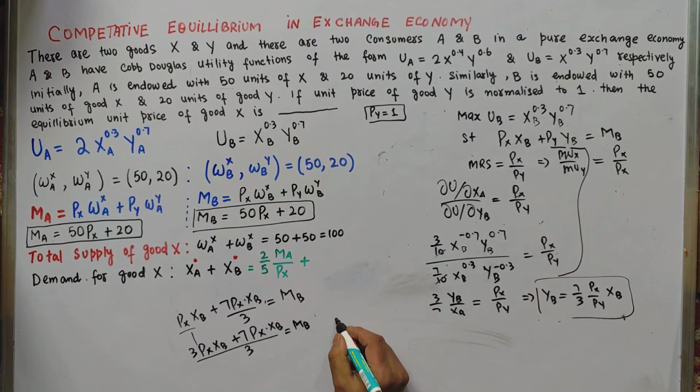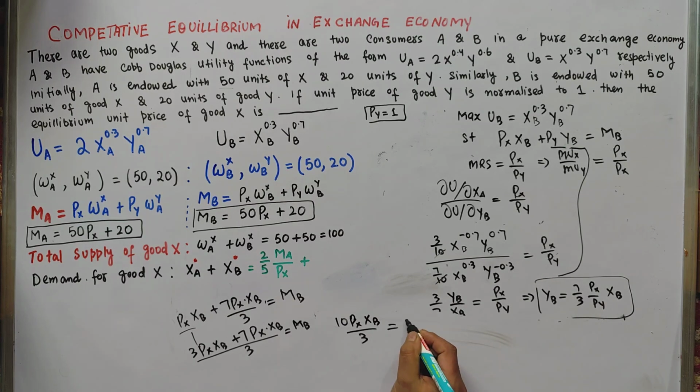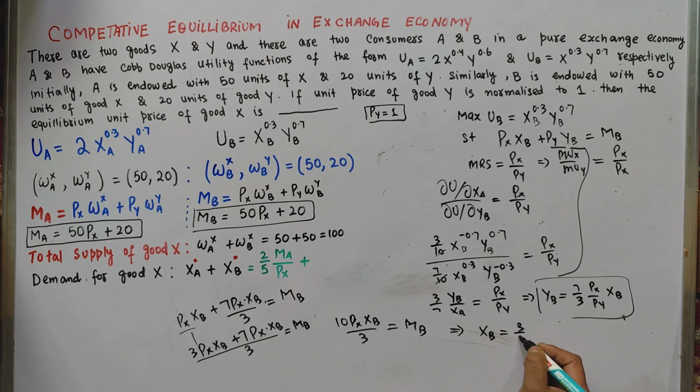So this is 10, they are like terms, Px into Xb divided by 3 is equal to Mb. Solving for Xb, Xb will be equal to, so 10 upon 3 will become 3 upon 10, and Px will go to the denominator.